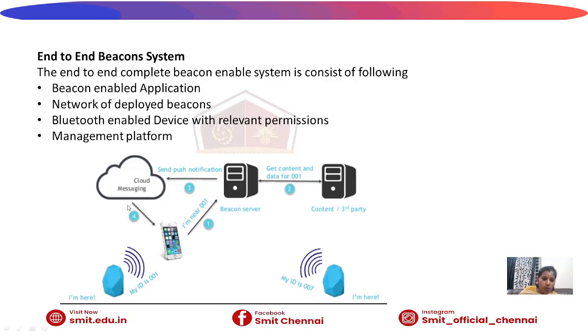Then cloud messaging gives the confirmation to the mobile phone, which may be one app. Likewise, here is ID 007, which uses some other device with a different application. So this is the end-to-end beacon system.